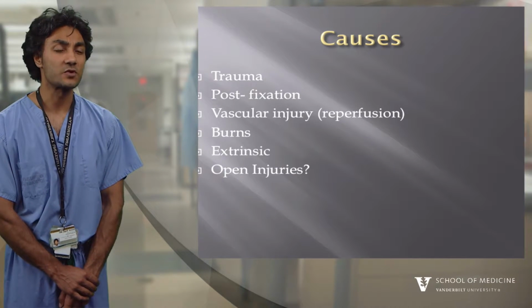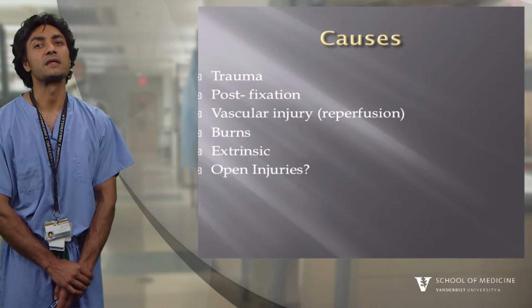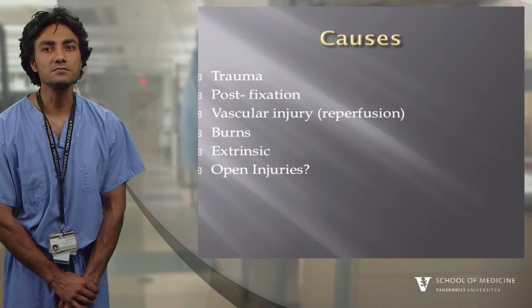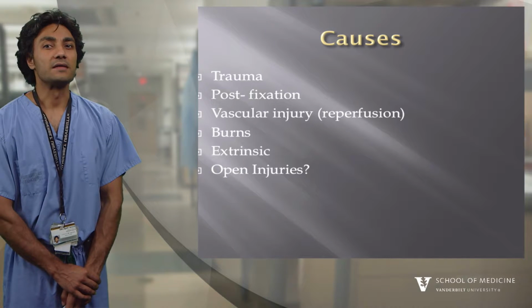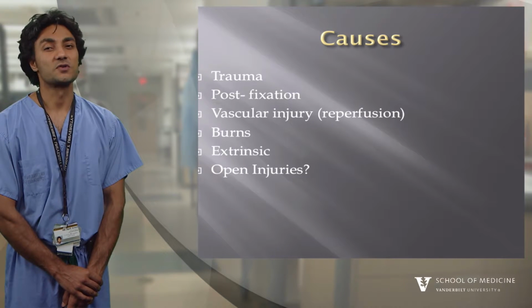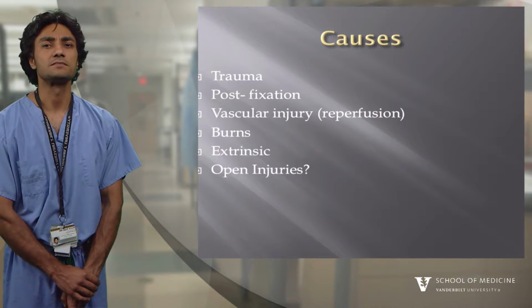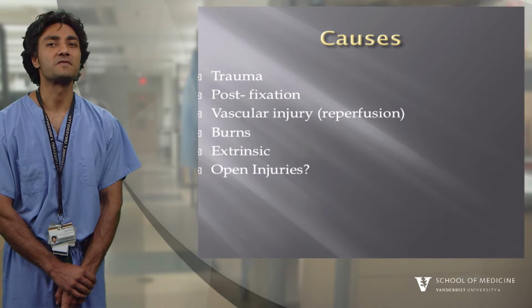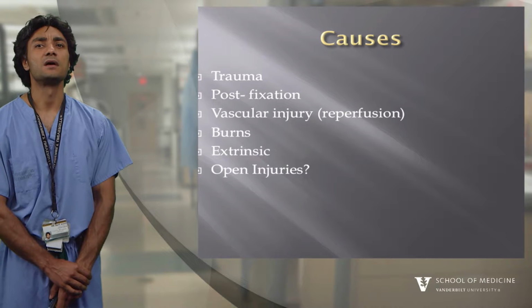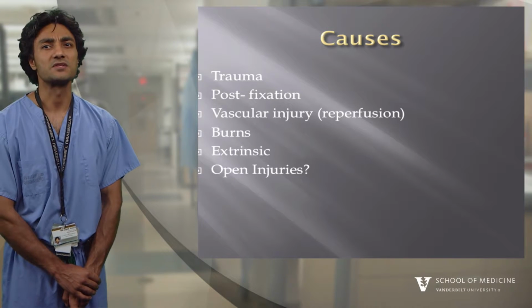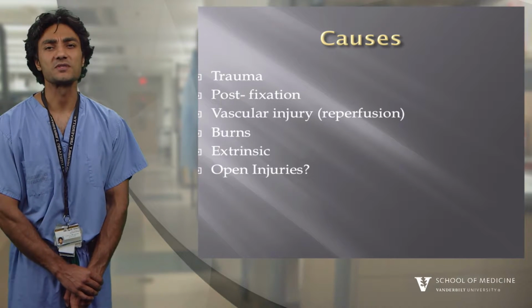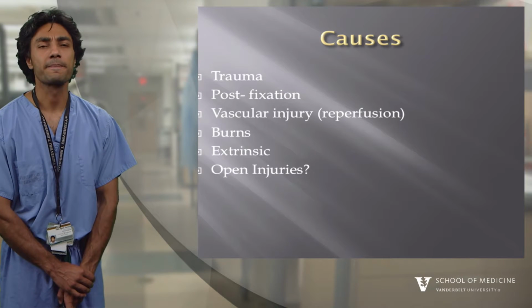So the take-home point is open injuries can also get compartment syndrome. There are some scenarios of overexertion that can also lead to compartment syndrome. I didn't put that up there. The incidence is roughly 6 to 9% of open tibias, which makes sense because open injuries generally tend to be high energy anyway.